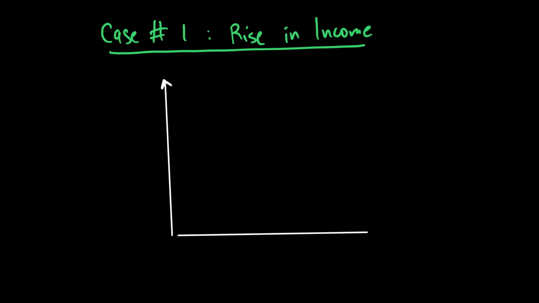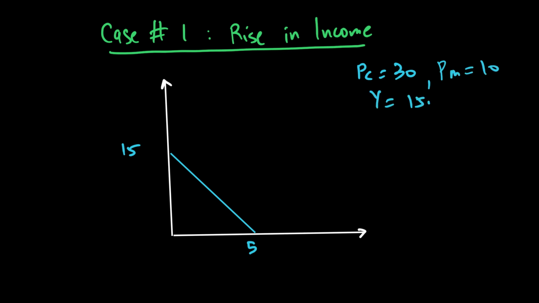So for example, if you were previously buying 15 concerts and 5 movies, and the price of a concert was 30, the price of a movie was 10, and your income was 150.